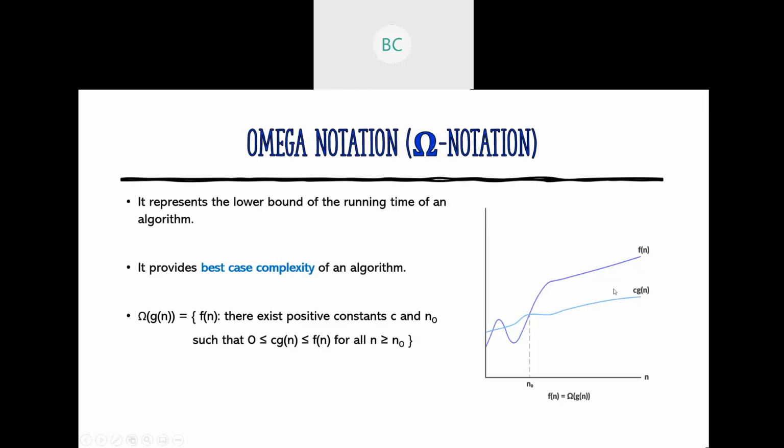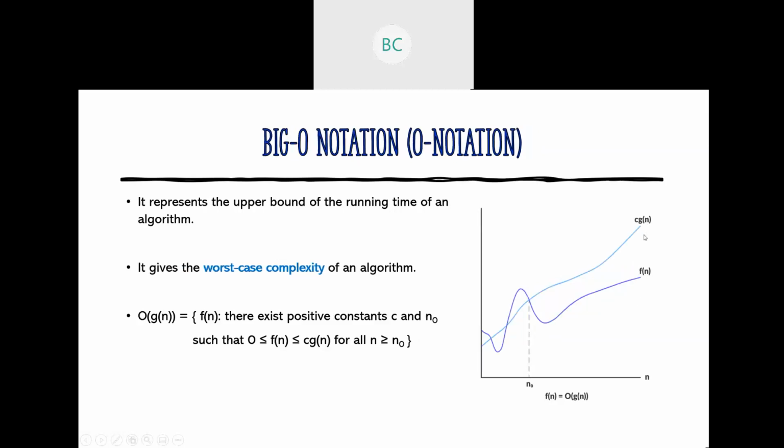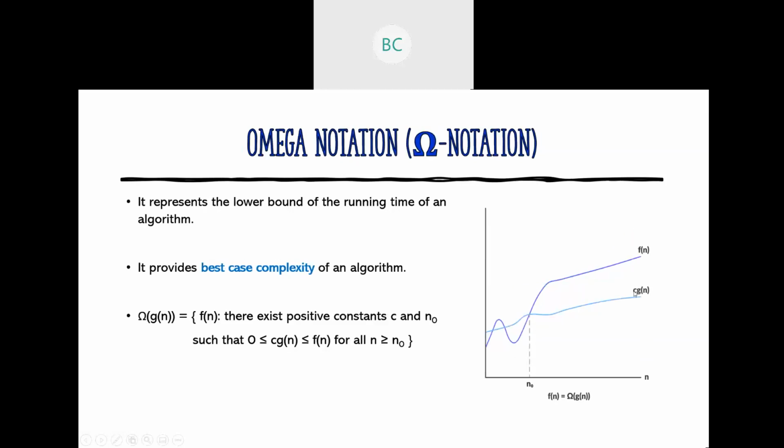The program should take above 2 minutes, so your f(n), the running time of your algorithm, will always be above your c g(n). In big O, f(n) is below the c g(n) graph, and in big omega, f(n) is above c g(n). Initially it will be a bit confusing, but once we go through it, it will be easier to remember. Just remember the graph.